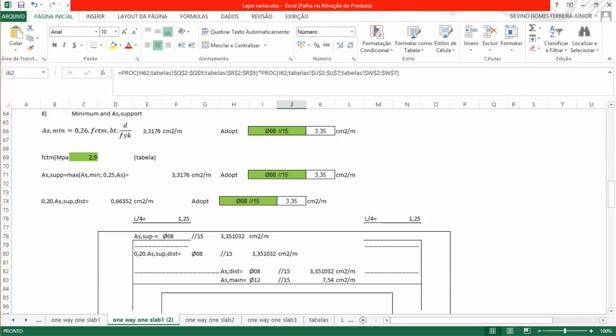Okay, for this calculation we're going to adopt the maximum value that will be chosen from the minimum reinforcement, or 25% of the main reinforcement. What gives us 3.31?